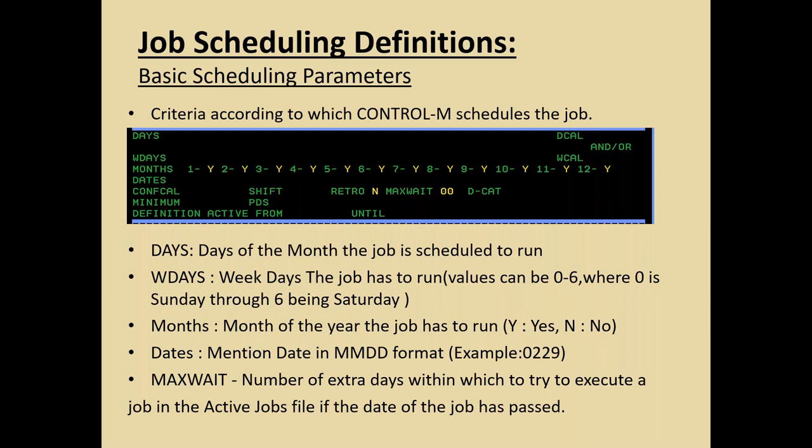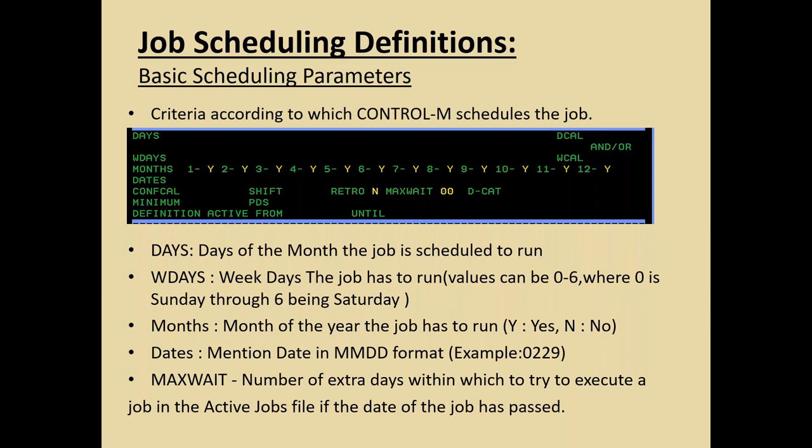This parameter explains in one year how many months this particular job is scheduled, whereas days gives you the days of a month the job is scheduled to run, whereas W days explains the weekdays the job has to run. That value can be 0 to 6, where 0 is Sunday and 6 is Saturday.